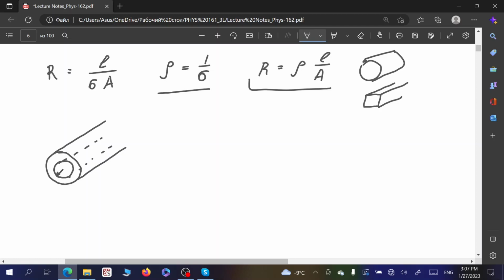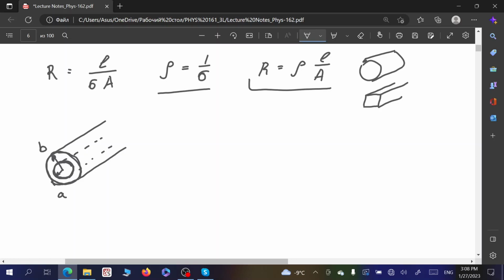So here we have some radius a. Here we have radius b. And what we want to do here is determine the electrical resistance between these two surfaces, the internal surface of the cylinder and the external surface of the cylinder, which means that electric current will flow radially from the center to the external surface.